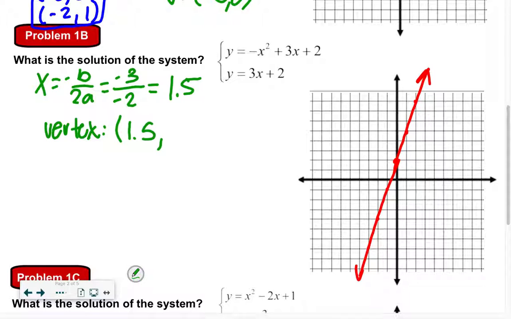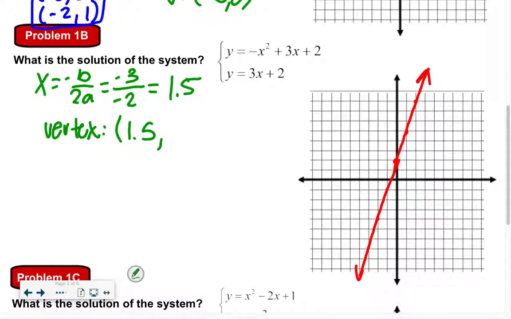Well, that's squared, yeah. Plug in the whole thing. Anybody have an answer? 3.75?